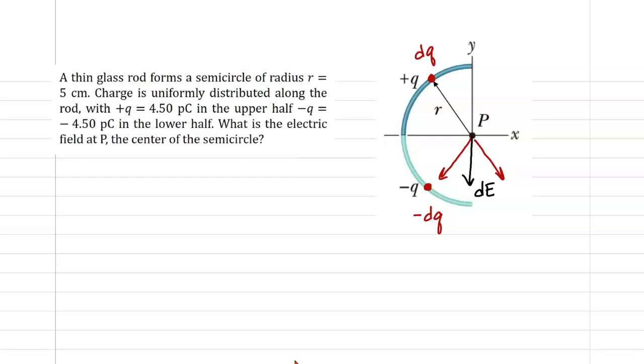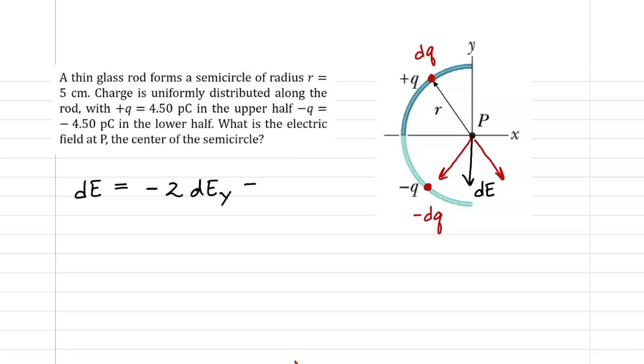We would have dE equal to, it's pointing down, so it's negative, and then it's made up of both of these, so there's going to be two of them, times dE in the y direction, since we're talking about the vertical component being in the y direction.